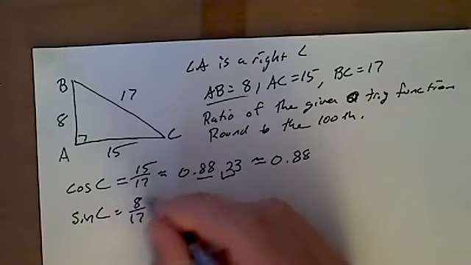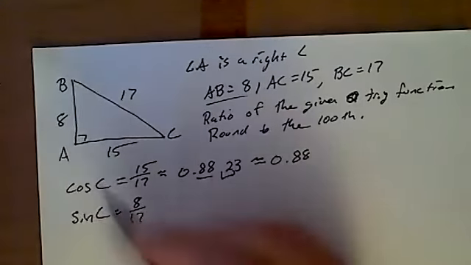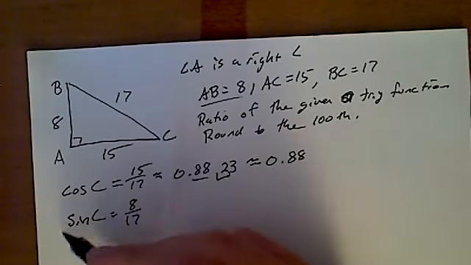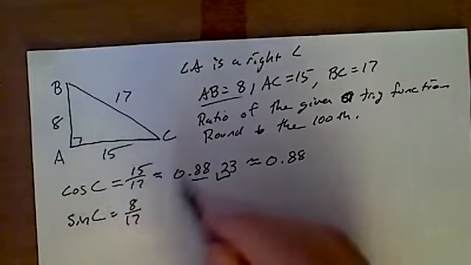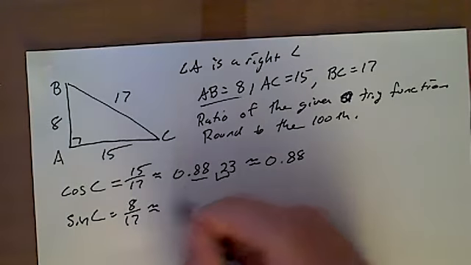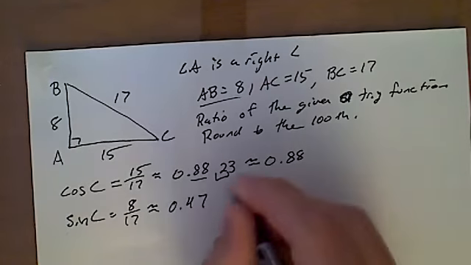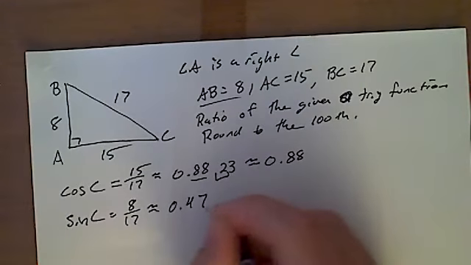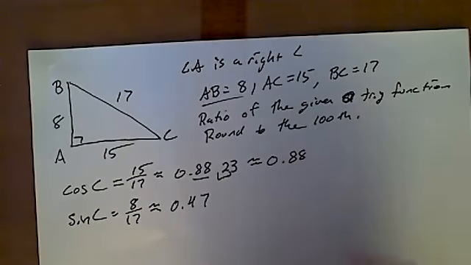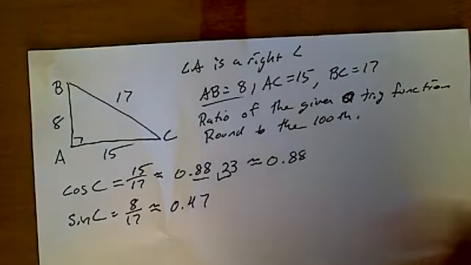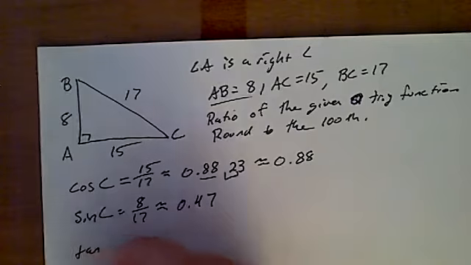And again, it's asking for the ratio here, not the measure of the angle. So we do not actually type in the sine at all. It is just saying that this is 0.47. The next number after the 7 is a 0, and so we would leave it here, rounded to the 100th.